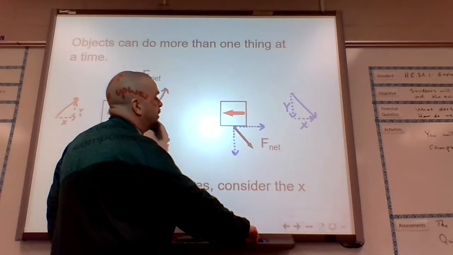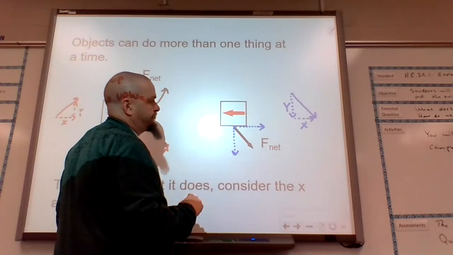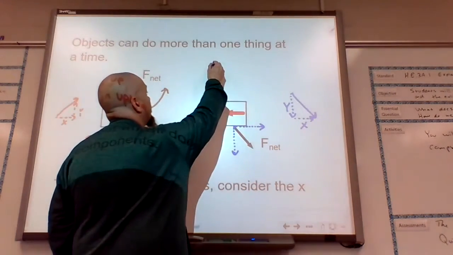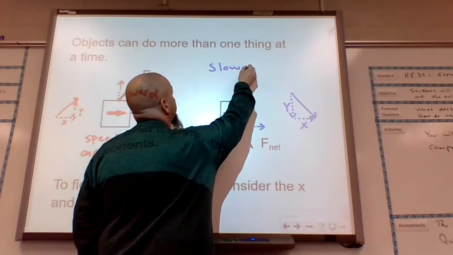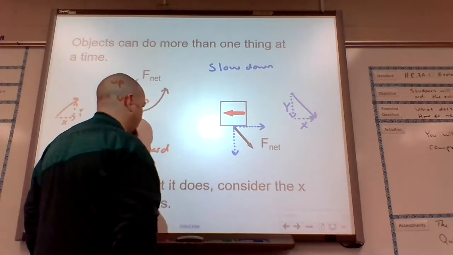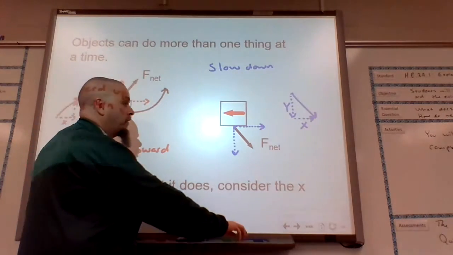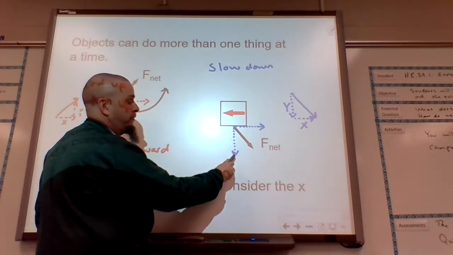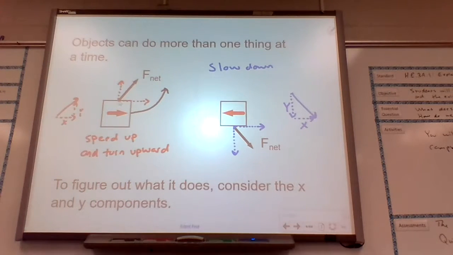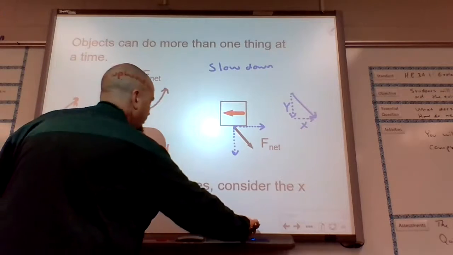This object is moving to the left, and a part of this net force is acting in the opposite direction, so we know it's going to slow down. But at the same time, we have this downward component acting perpendicular to the object's motion that's going to cause it to change direction.